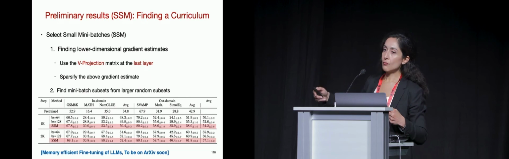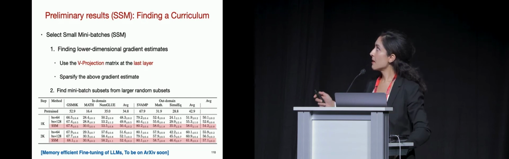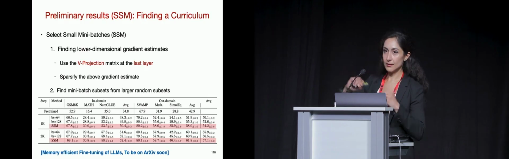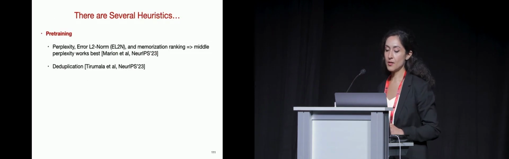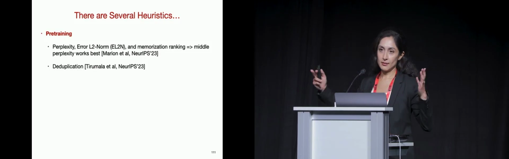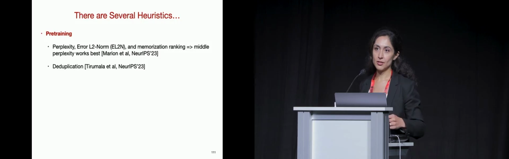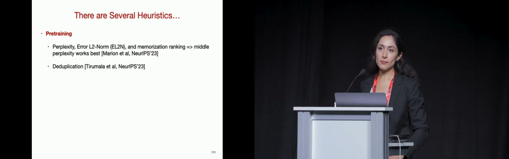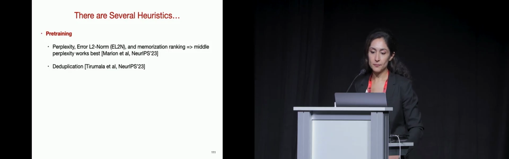So now let's train more. Let's train for 2K. If we train for 2K, you can see that we are still, with this gradient matching idea, able to match or even do a little bit better than training with large mini batch, which is nice. And here we are already getting the full fine-tuning performance, and we are doing good.